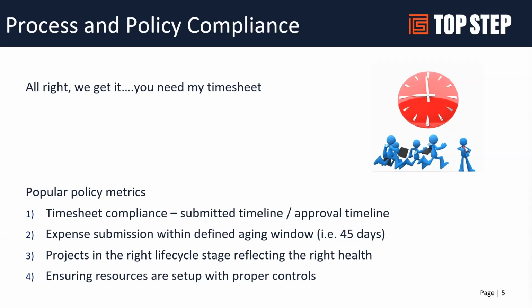So when it comes to the process and policy compliance side of things, understanding the business is really the first step. You're positioning yourself and orienting yourself to stage your way through the auditing process.